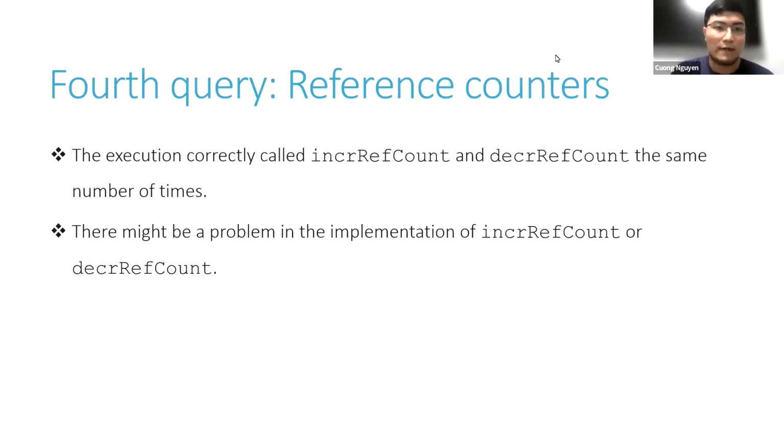And it was found that the execution correctly called the same number of times for both of these functions. So there might be a problem in the implementation of increase ref count or decrease ref count.